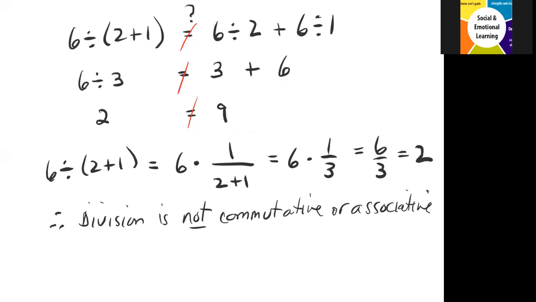So that's the same as subtraction. Subtraction is not commutative or associative either. So what we want to do is we always want to convert subtractions to addition, because then we can use commutativity and associativity. And we always want to convert divisions to multiplications, because that allows us to use the commutativity and associativity properties.